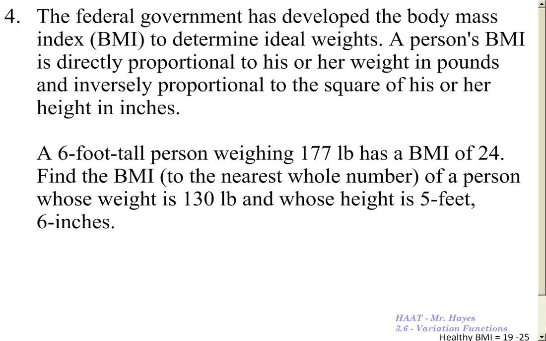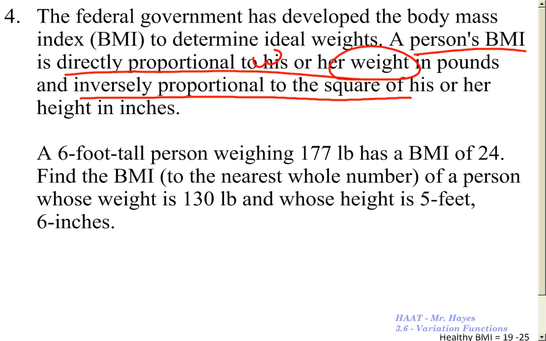Last example, federal government. This is, by the way, how I found out I was almost clinically obese. At one point, the federal government developed a body mass index, BMI, to determine ideal weights. A person's BMI is directly proportional to his or her weight in pounds. So a person's BMI is directly proportional to weight, so we'll call that W, in pounds, and inversely proportional to the square of his or her height.